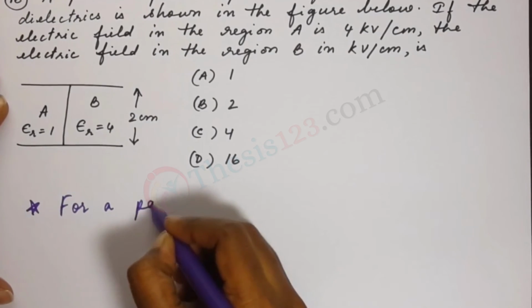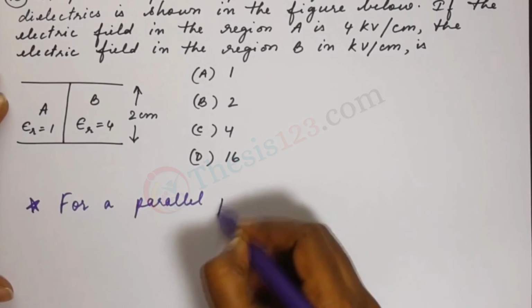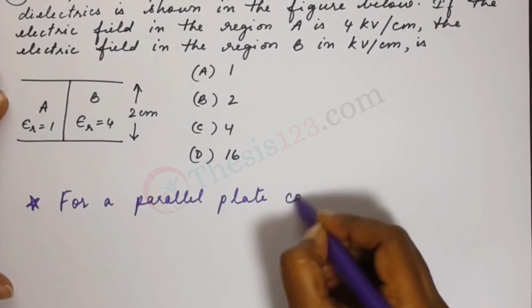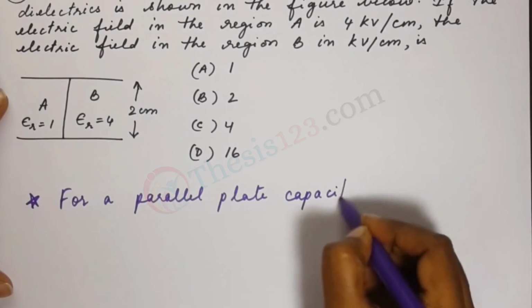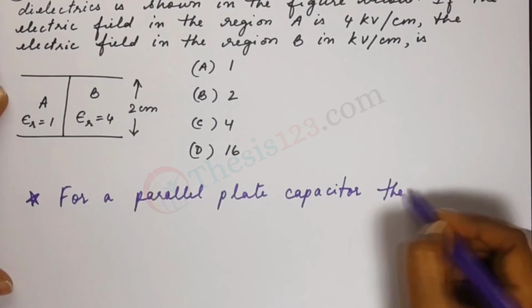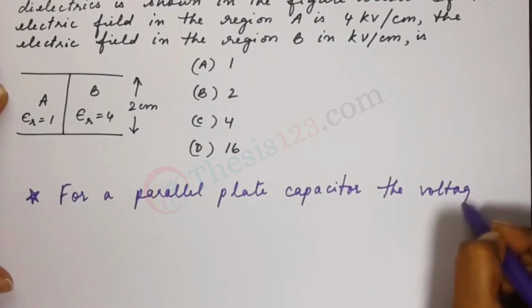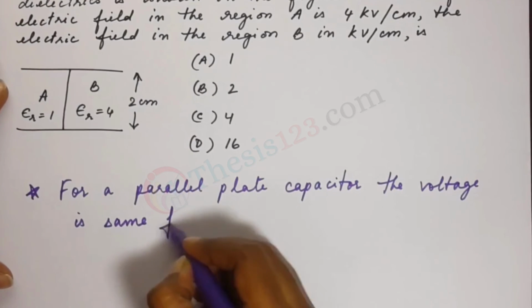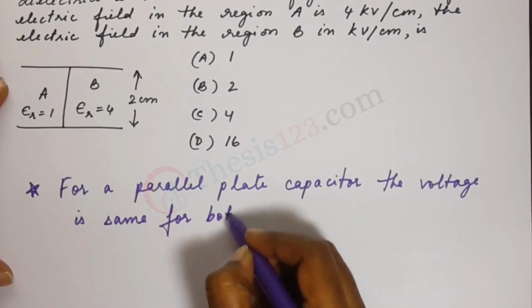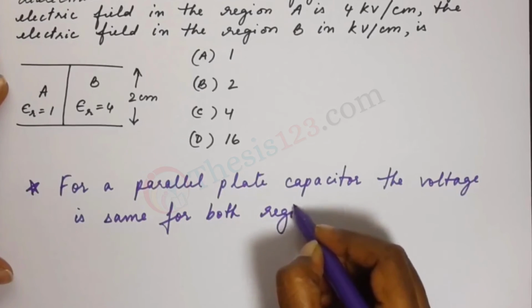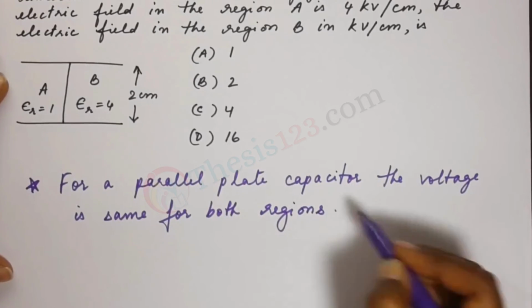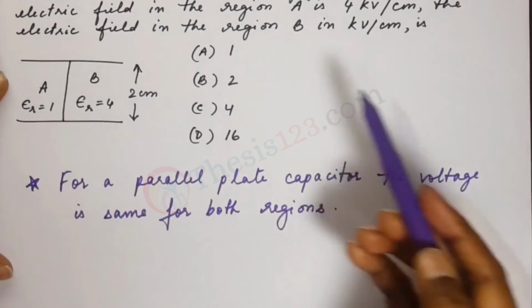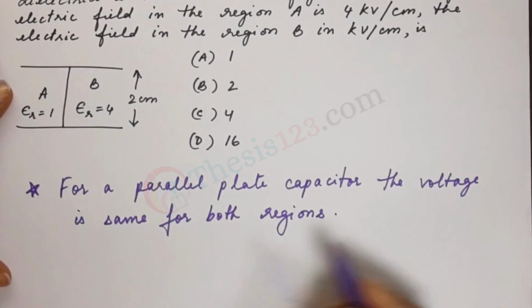For a parallel plate capacitor, the voltage is the same for both regions. And if the voltage is the same for both regions, that means the electric field is the same as well.